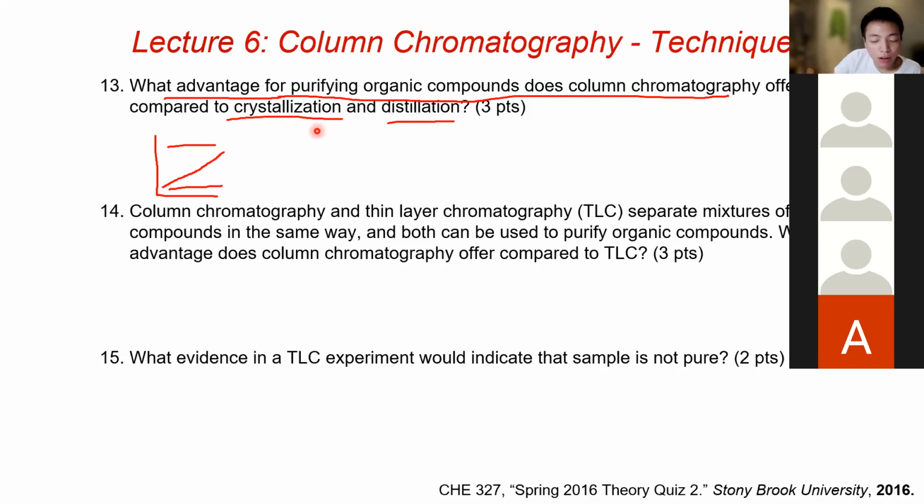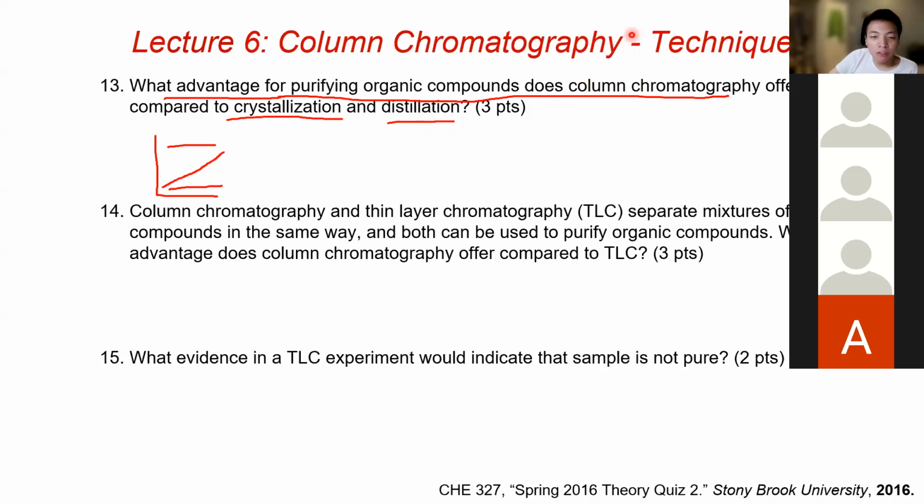But if our compound cannot crystallize or it cannot remain solid in the temperature we want, then we cannot carry out crystallization. And distillation can only work with liquids. We cannot distill solids unless you can amp the temperature all the way up to just basically melt the solids. But usually we cannot carry it, and it's really hard to do.